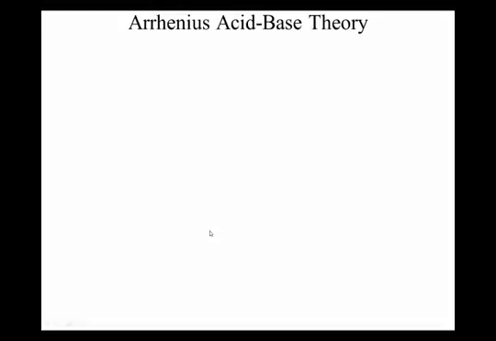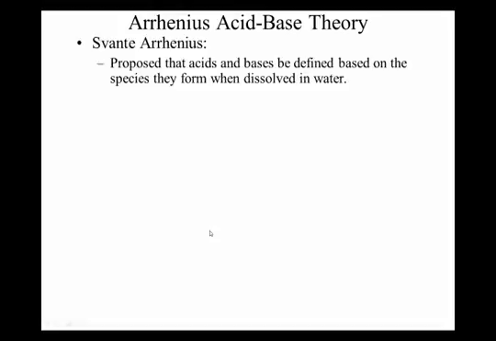So we're going to talk about what his theory says about what acids and bases do. Arrhenius proposed that the thing acids and bases have in common is that they can all be defined by what they form when they dissolve in water.